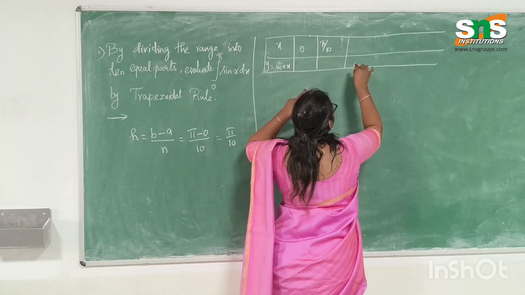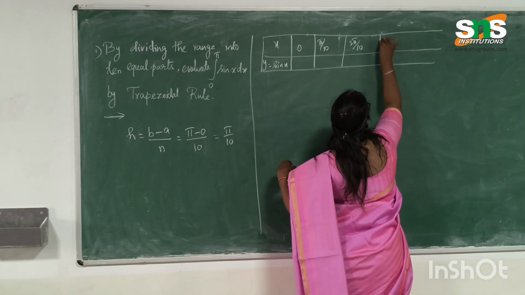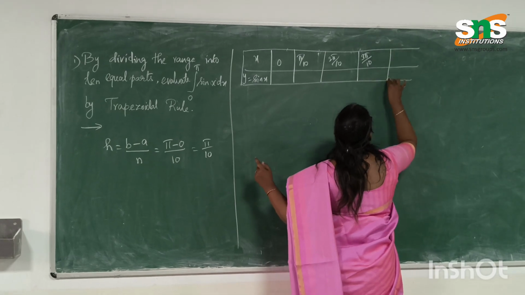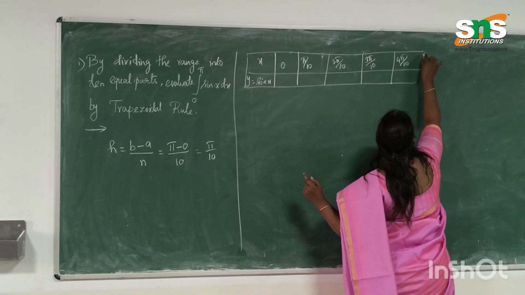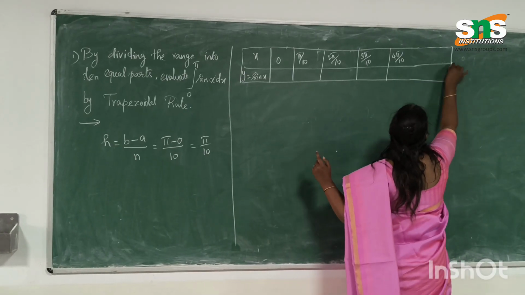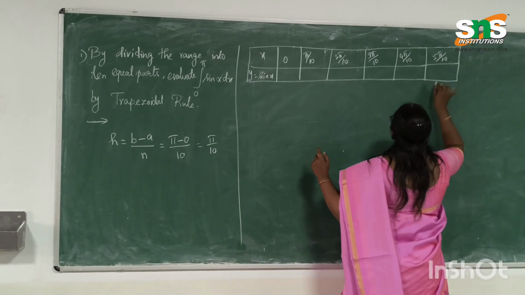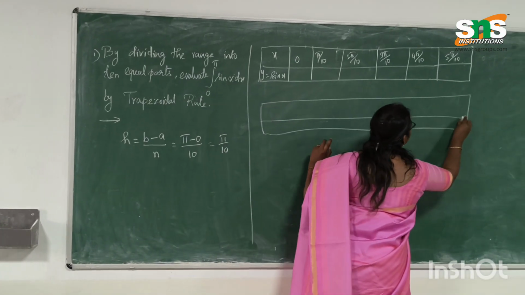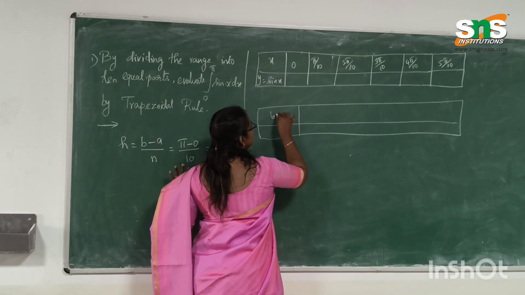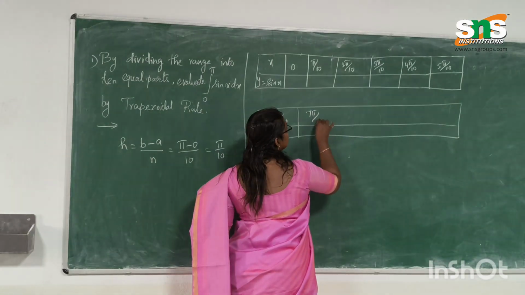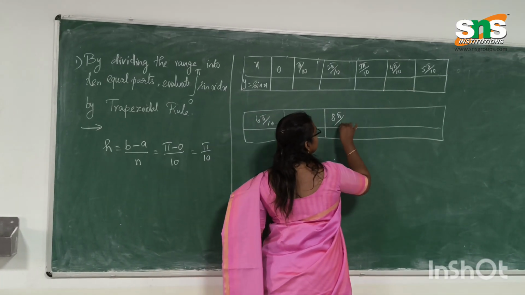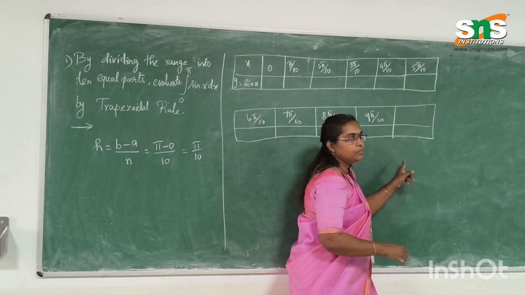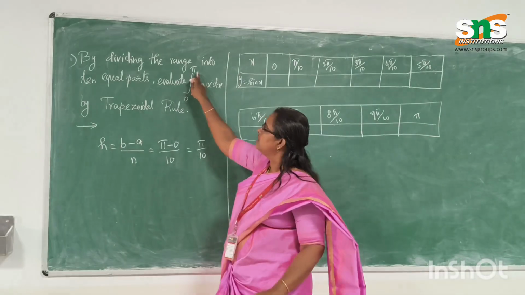Pi by 10 plus pi by 10 is 2 pi by 10, then 3 pi by 10, 4 pi by 10, 5 pi by 10, 6 pi by 10, 7 pi by 10, 8 pi by 10, 9 pi by 10, and 10 pi by 10 is pi. That is, we reached the upper limit.